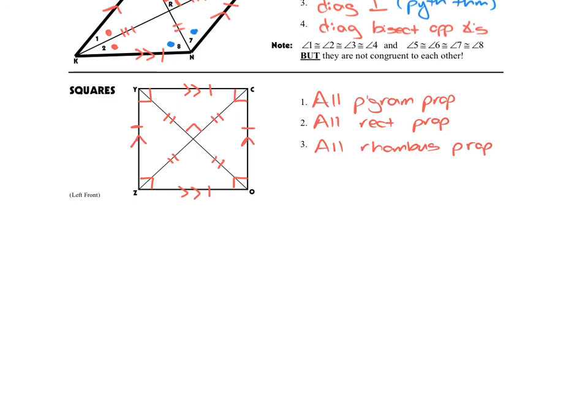And because it's a rhombus and the diagonals bisect the opposite angles, and we already knew that those opposite angles were 90 degrees, we actually know that each of these little angles is 45 degrees all the way around the rhombus. So we automatically know exactly these angle measures.